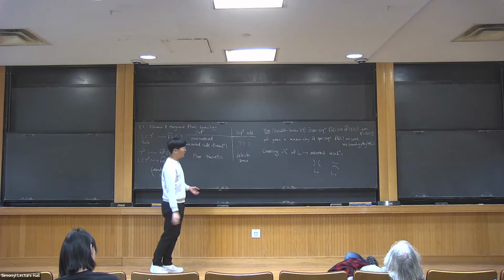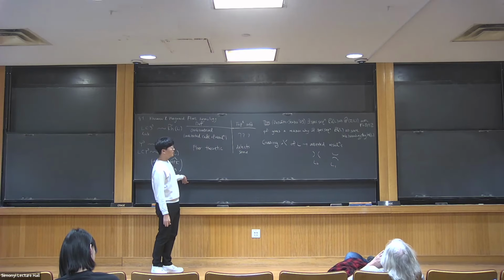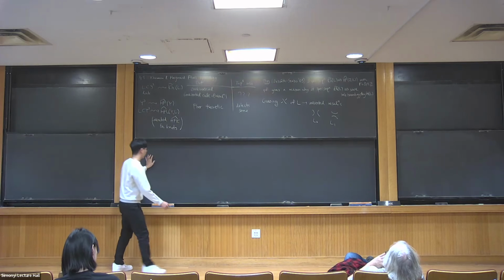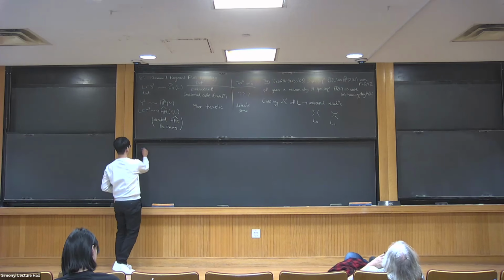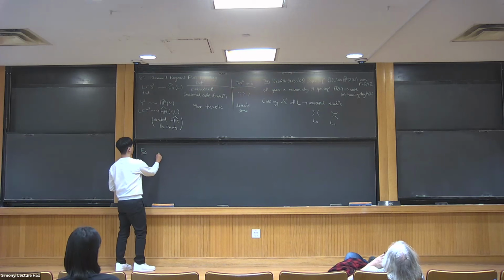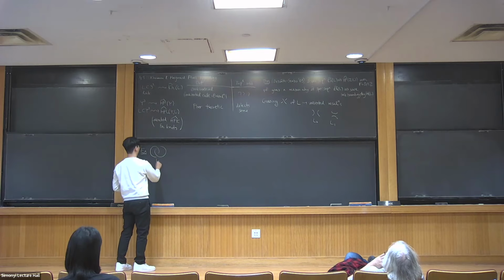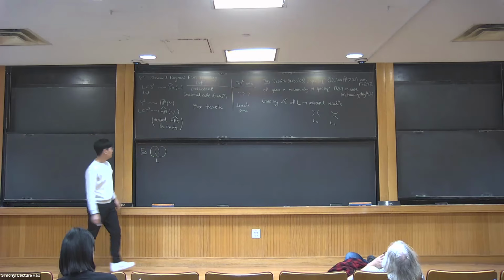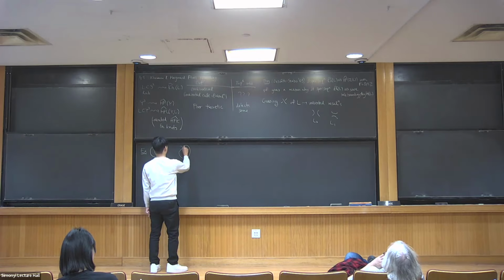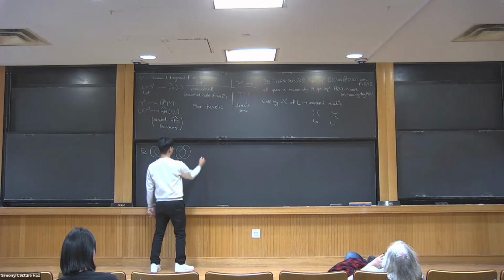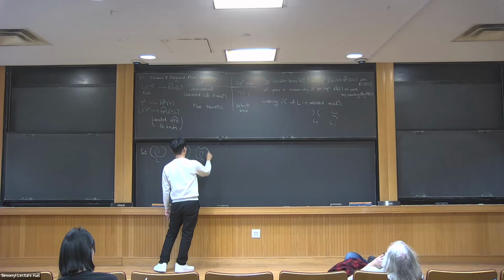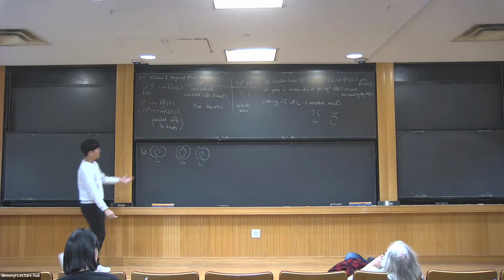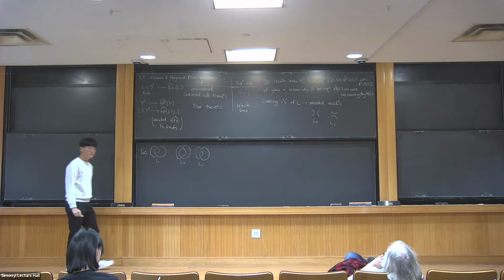And let's call the two resulting links L0 and L1. So for example, if I start with this half link, and if I resolve this crossing in the two ways, then I get this as my 0 resolution and this as my 1 resolution, which in this case both happen to be the unknot.